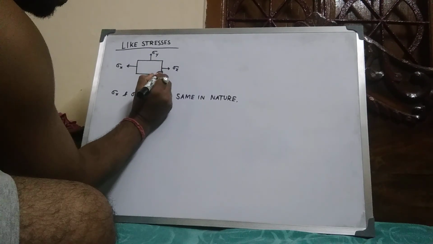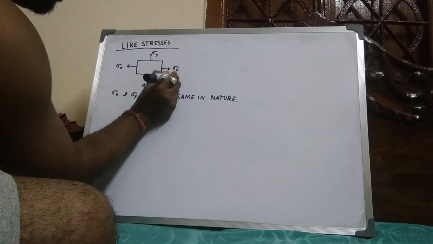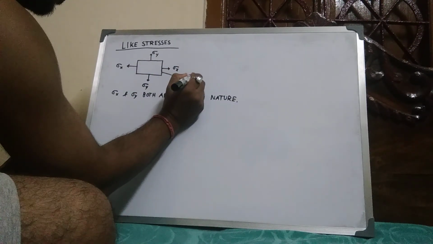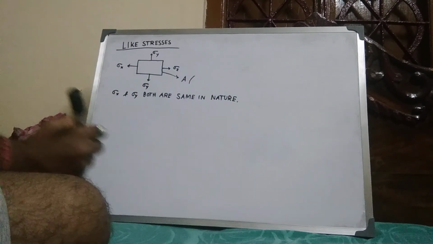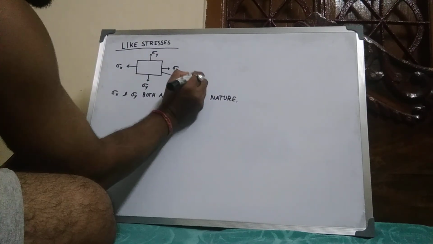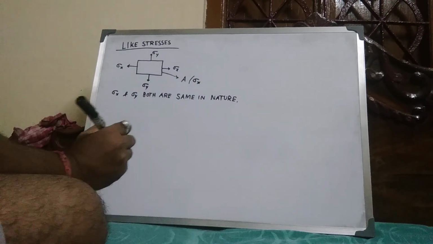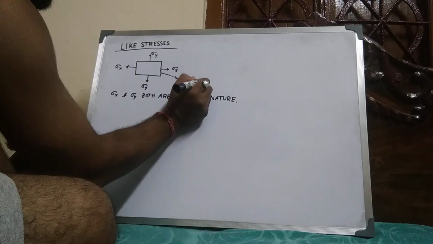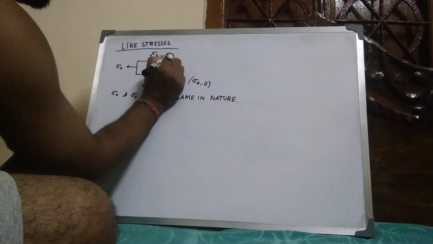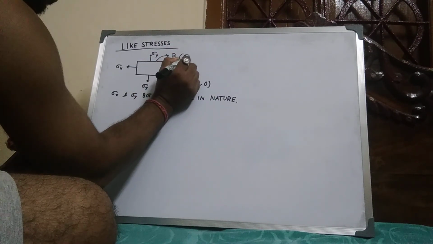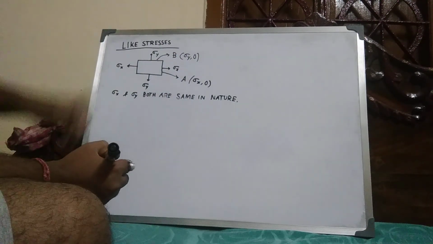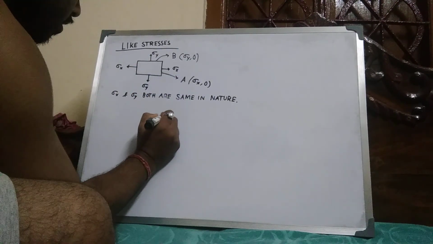Now suppose this is plane A, with coordinates sigma, tau. Plane A is sigma x, 0, since there is no shear stress, and this is plane B, sigma y, 0. Here, tau is 0, shear stress is 0. Now draw the Mohr circle.